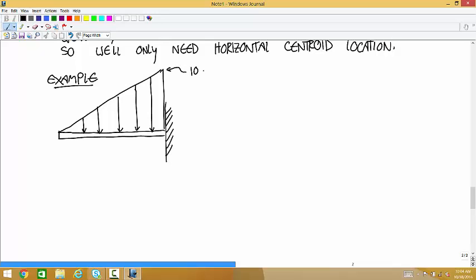Right at the top, it has a distributed load of 10,000 newtons per meter. And the length is 2 meters. And we want to know what are the reactions at the wall.